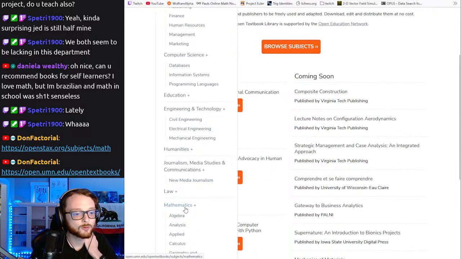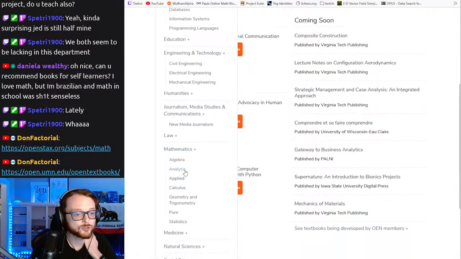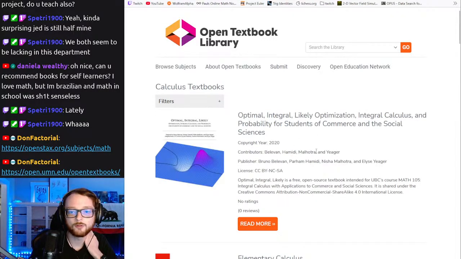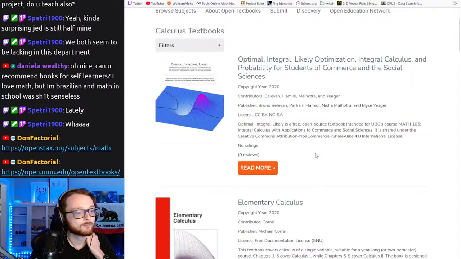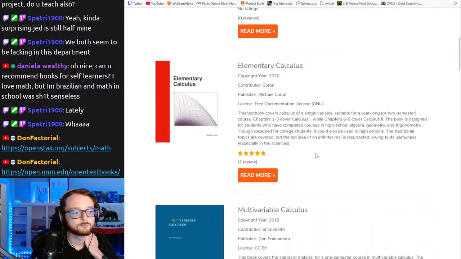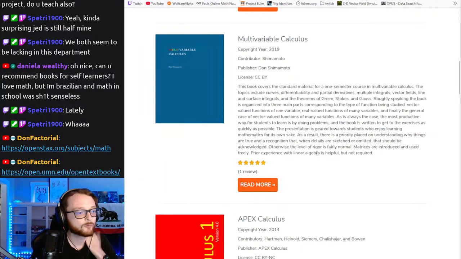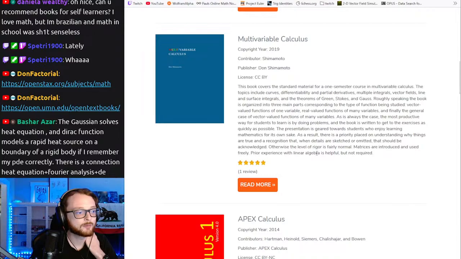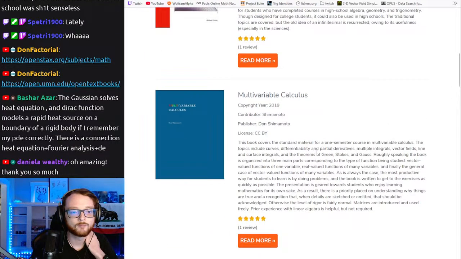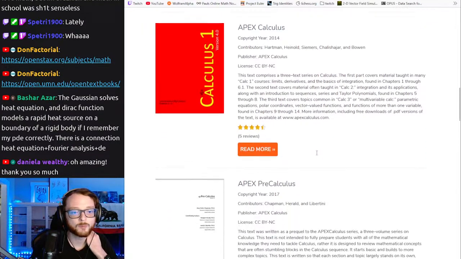You can go down to the math section: algebra, analysis, applied math, calculus. They don't have everything, but they have a really good variety considering it's all free. I've been self-learning a lot of math, and I just pull a book from here if I'm interested.